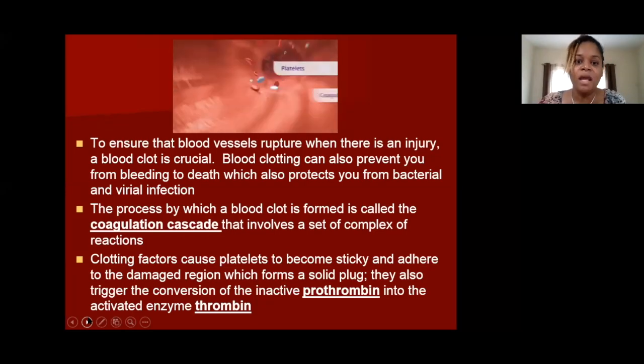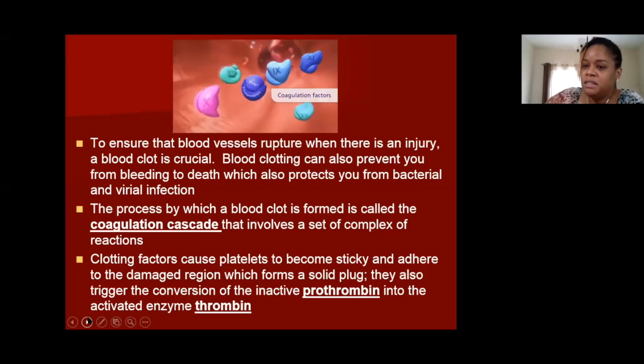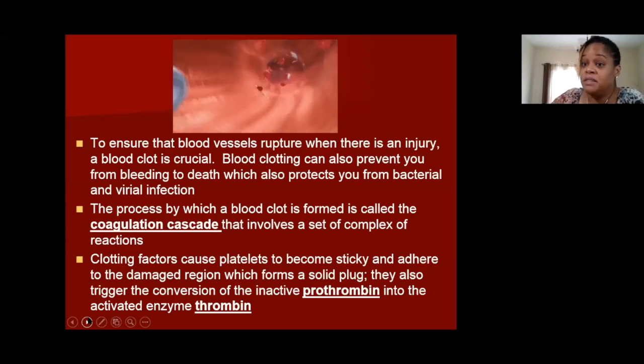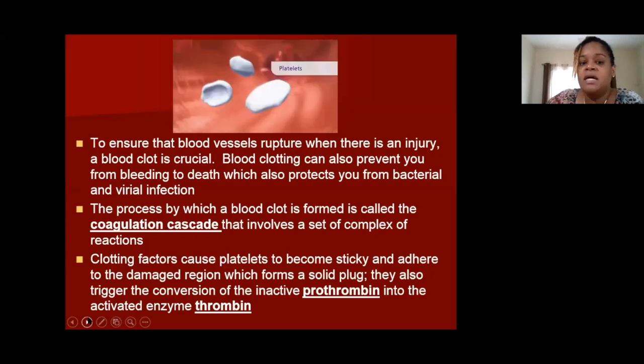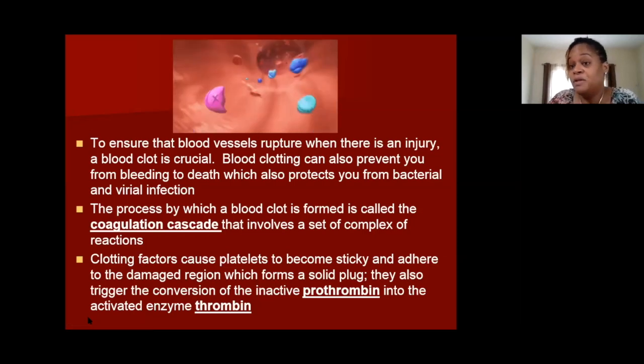So to ensure that blood is not lost or tremendous blood loss is prevented, blood clotting is very important, okay? So blood clotting can also prevent you from bleeding to death, okay? And there are people who exist who actually don't have the ability to clot their blood.